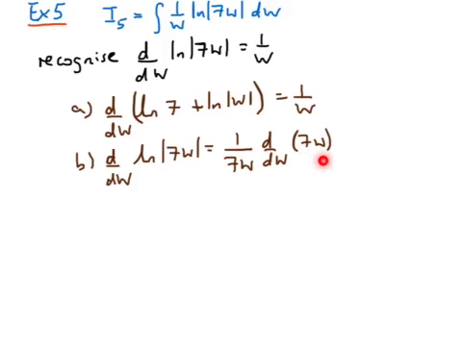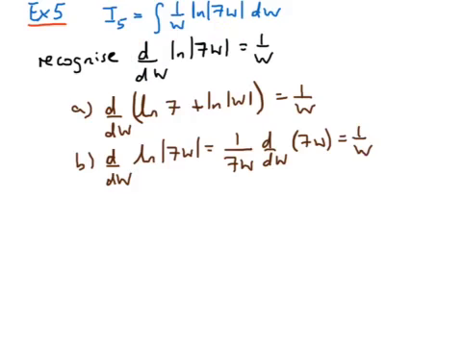This derivative is a 7. The 7 and the 7 here cancel, so we are left overall with 1 over w. Both roads lead to Rome, as they say. Both techniques are equivalent and give this same result.